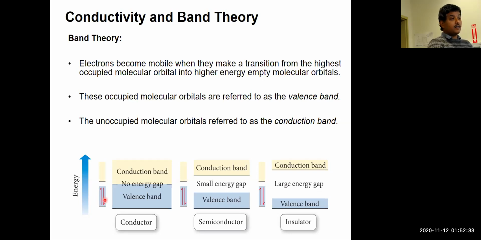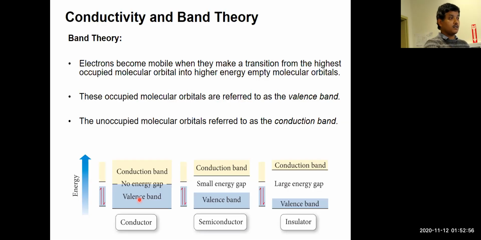For a conductor, you need the lowest unoccupied molecular orbital, which you can also call the conduction band, really close to it. So electrons from the highest occupied molecular orbital will jump to the lowest unoccupied molecular orbital, and electron transfer occurs. When electron transfer occurs, you have conduction.